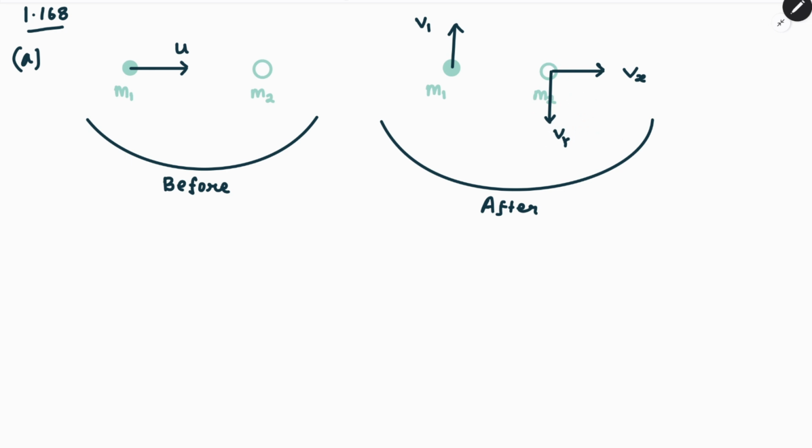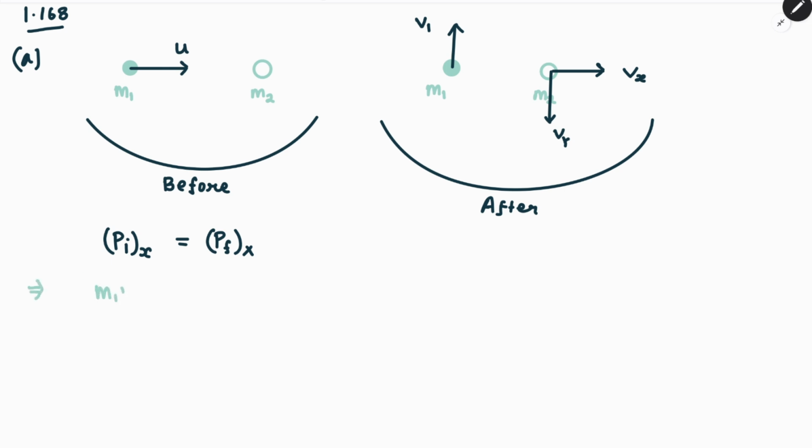So the first thing that we do is we apply momentum conservation in both x and y direction. That is, the particle is said to be conserving momentum in the x direction and the y direction. So first we apply momentum conservation in the x direction.